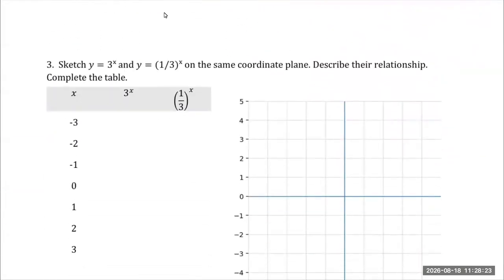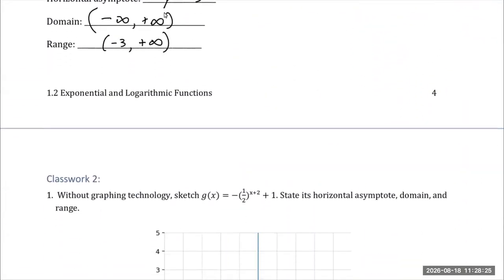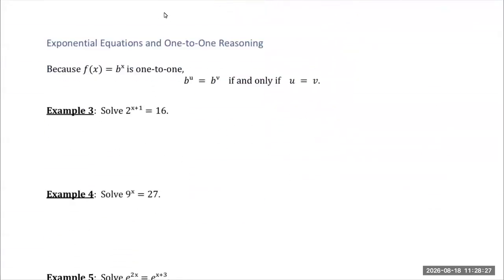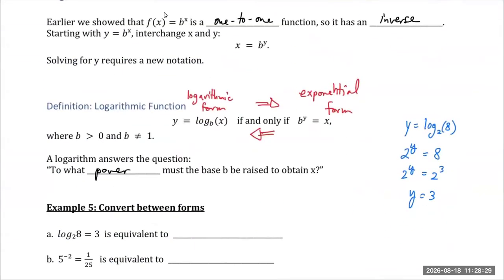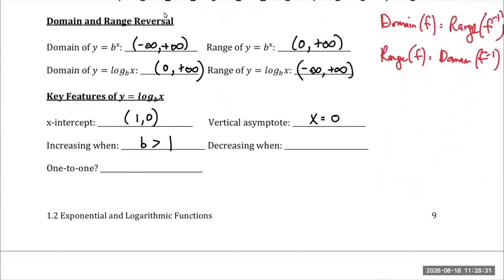So if we go back to these key features, the function is decreasing when this constant b is between 0 and 1. So I'll just make a comment.